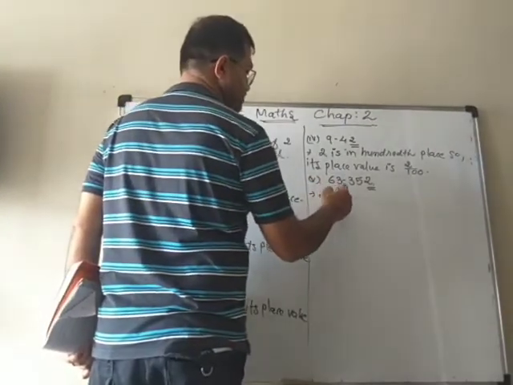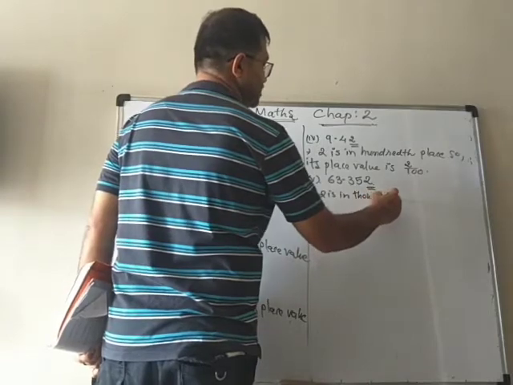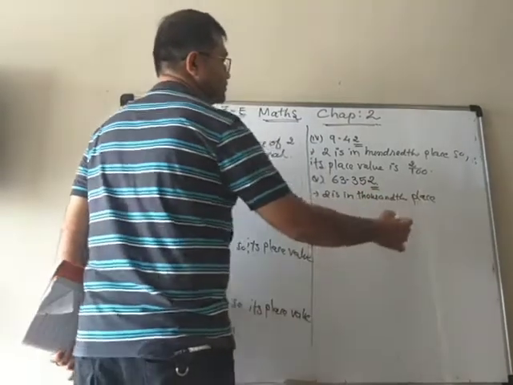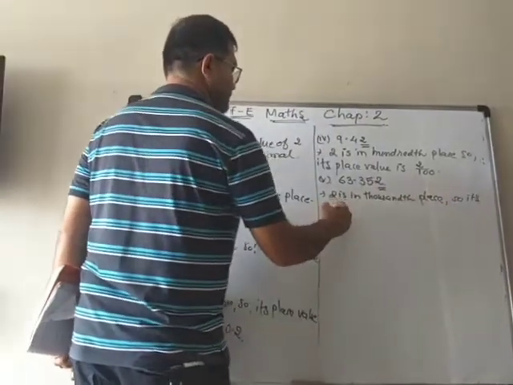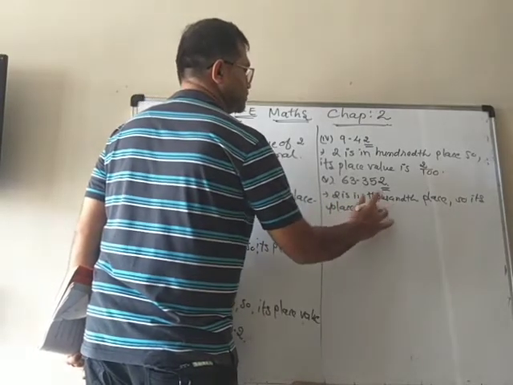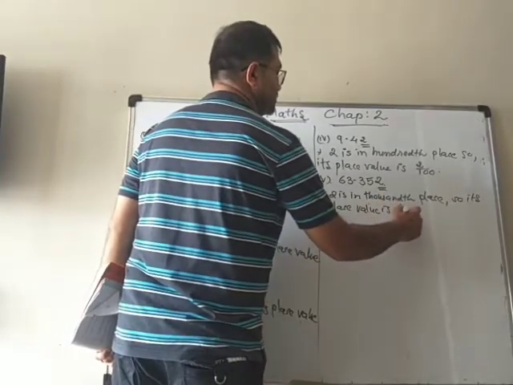So 2 is in thousandths place. Its place value is 2 upon 1000.